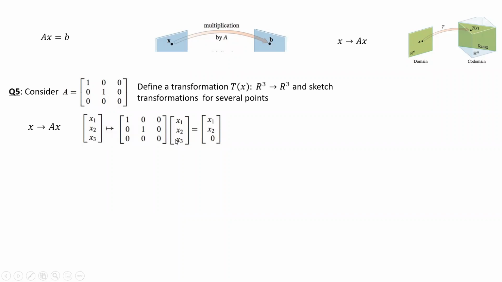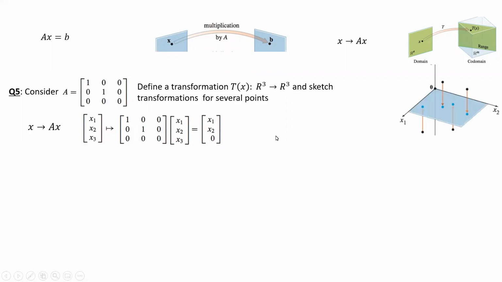So no matter what value of X3 we are working with, we always will have 0 for the third component of our image vector. And that's a very interesting case. Although technically our transformation goes from R3 to R3, we are getting the third coordinate equal to 0.